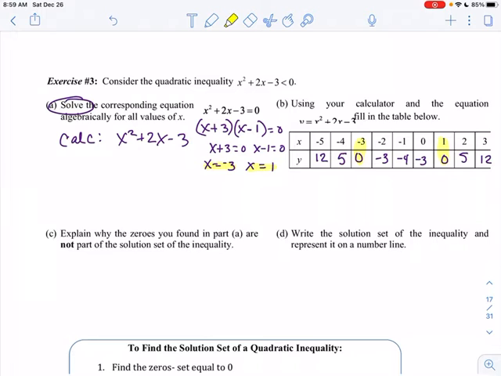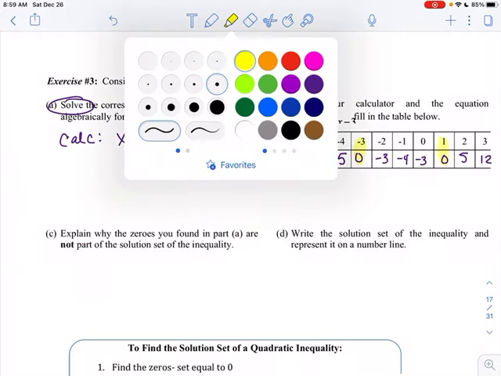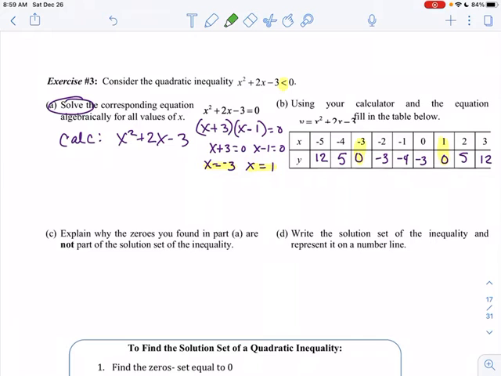So they are not going to be the solution because, look at this inequality, it just says less than 0. So I want all the solutions that are less than 0, and those solutions are going to be right here. See how my solutions, I'm specifically looking at my solutions right here. Okay, this is where it's less than 0.